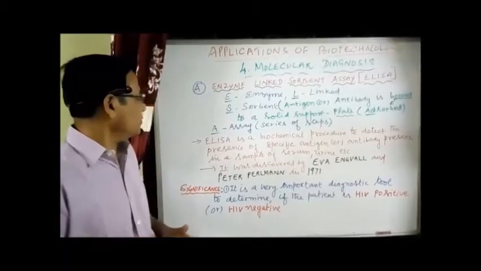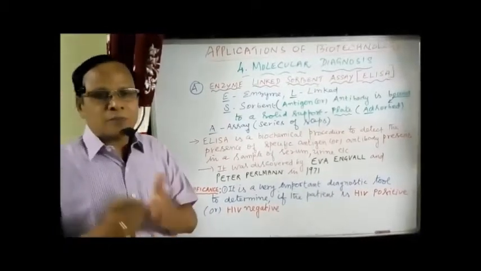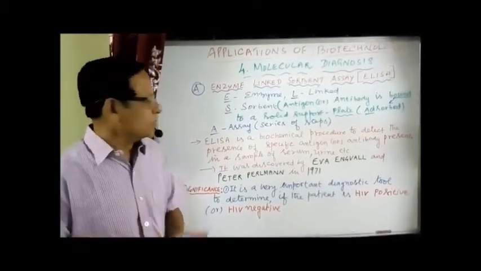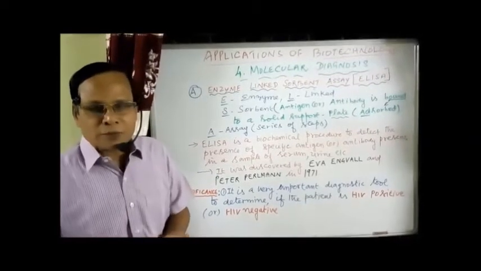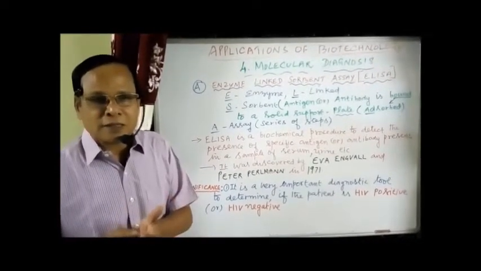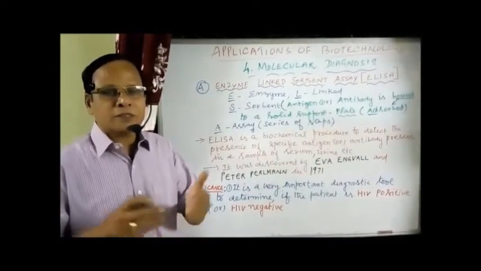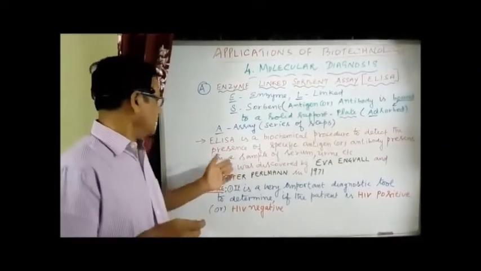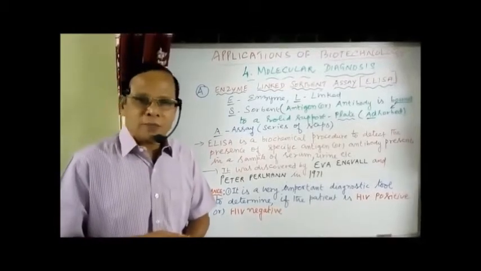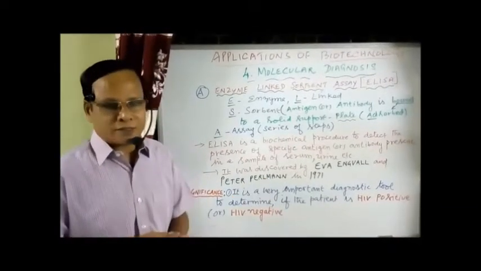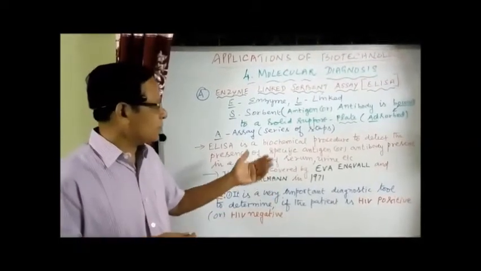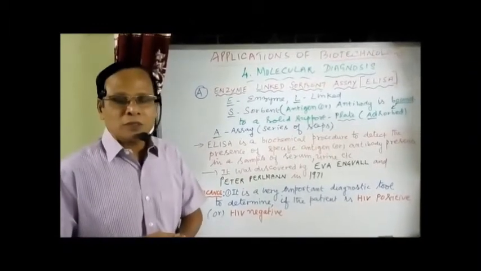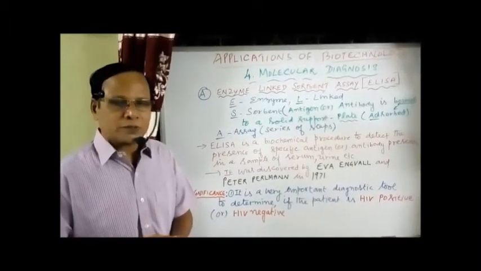Okay. Now what is ELISA? It's a biochemical procedure, normally, to detect the presence of either antigen or antibody present in samples. For example, just we see in a sample of either the blood serum or the urine, etc. In urine, they are finding out what is called human chorionic gonadotropins.